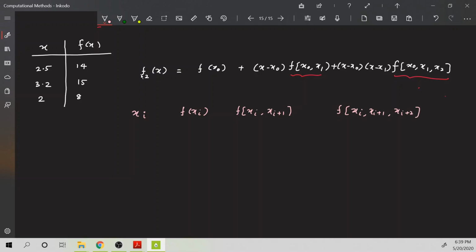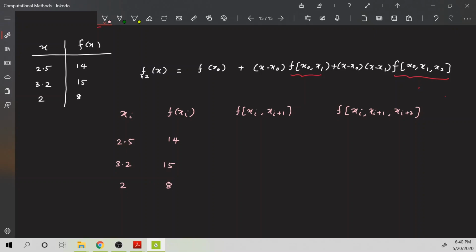If you want more space, you can write it like this. Now let us write down the values. This is 2.5, this is 3.2, this is 2. Then this is 14, this is 15, and this is 8.